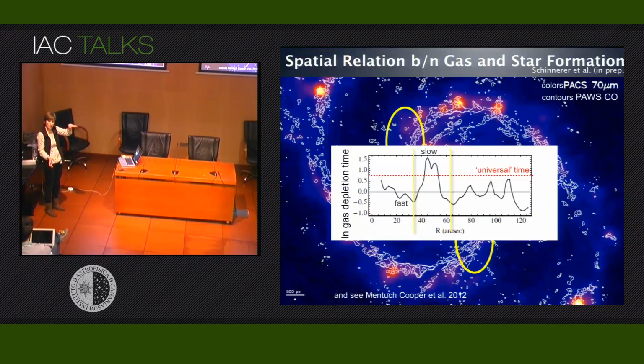So that's molecular surface density divided by that star formation rate, which here in this case I've measured with a combination of H alpha and 24 microns. So you can see that there's lots of variation in the gas depletion time, and in particular, almost nowhere does it meet up with that universal depletion time that was measured in a sample of local spirals. So what's going on?